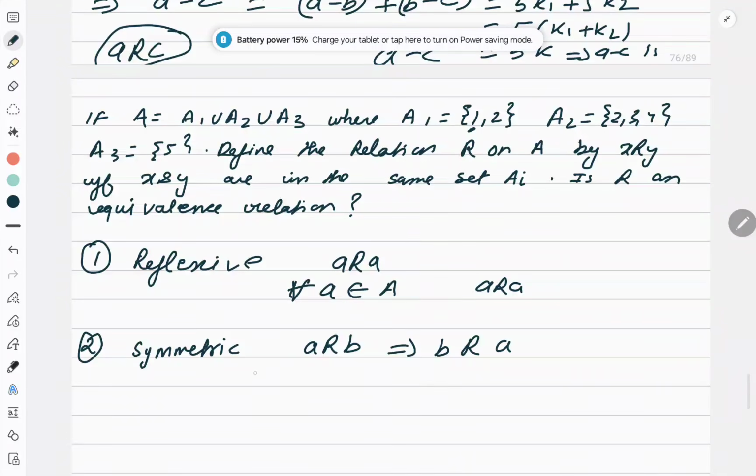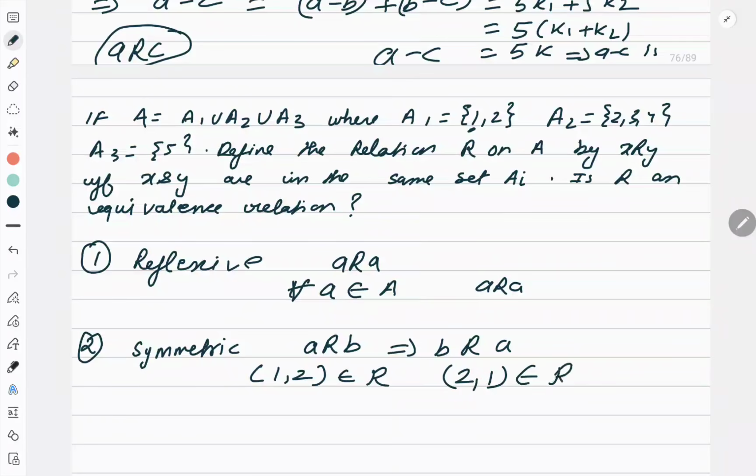It means if (1, 2) belongs to your relation, then (2, 1) should also belong. So this is also very clear, that if 1 and 2 are there, then 2 and 1 will always be there. If 2, 3 are there, 3 and 2 will also be there in A2. 3, 4 are there, 4, 3 will be in A2. So in this case, what can I say? Yes, symmetric is also possible here.